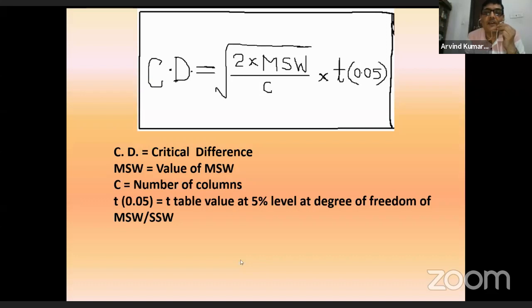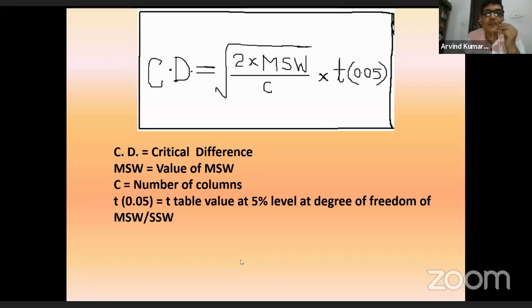T stands for t table value, which is given at 5% level. But the question is, what would be the degree of freedom? Degree of freedom will be the degree of freedom of MSW or SSW. Whatever degree of freedom of SSW is there, that will be used, and at that degree of freedom at 5% level, the t table value will be taken.